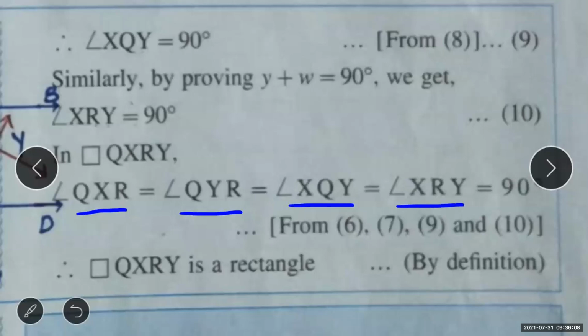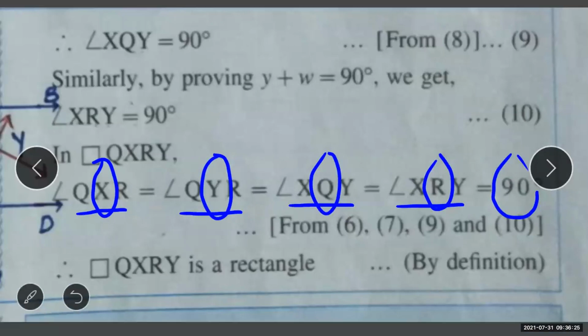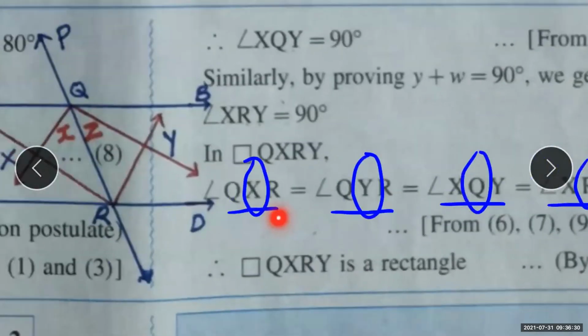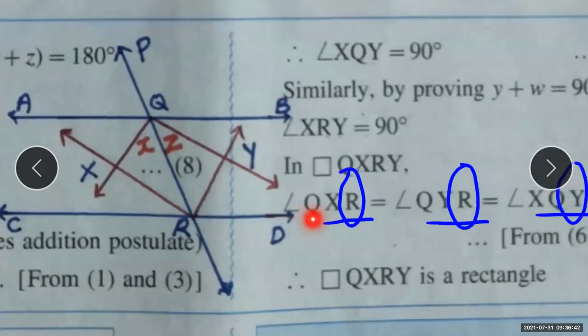Basically angle X, Y, Q and R measure the same, that is 90 degree. Now see in the diagram. Here is angle X, Y, angle Q and angle R. So all those four angles have the same measurement, that is 90 degree.